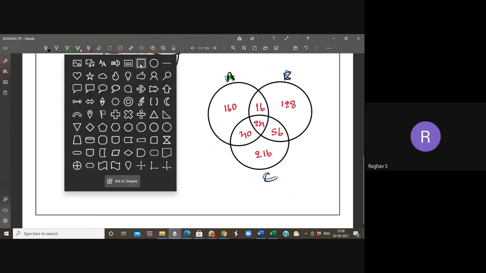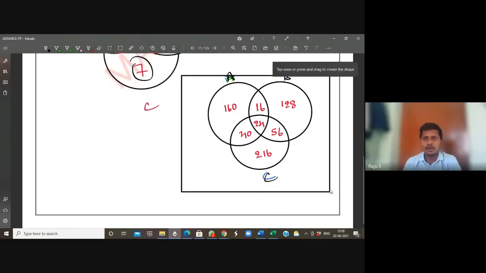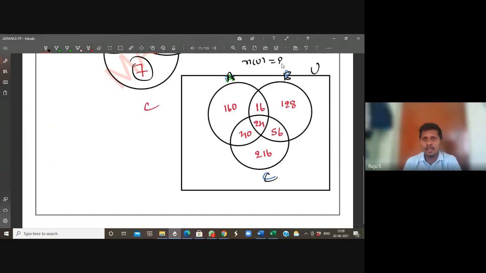Then subtract from 800, sir. 160, sir. What is the universal set? 800. N of U is already given as 800. When we add all these values, how much are you getting? 640. But the universal set contains 800.